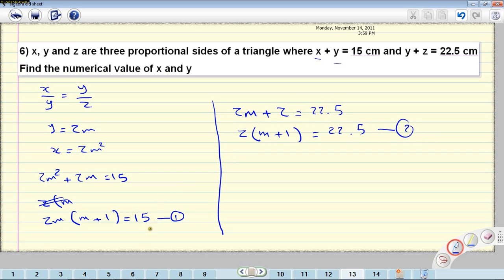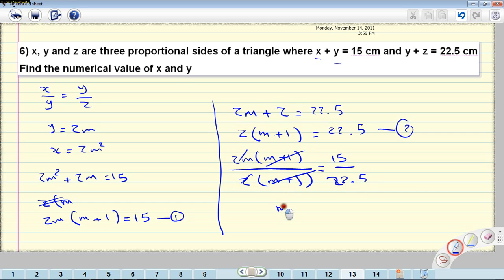If we divide equation 1 by equation 2, which is Zm open bracket m plus 1 over Z open bracket m plus 1 equals 15 over 22.5. This will be cancelled with this, and Z will be cancelled with Z, so m equals 2 over 3.